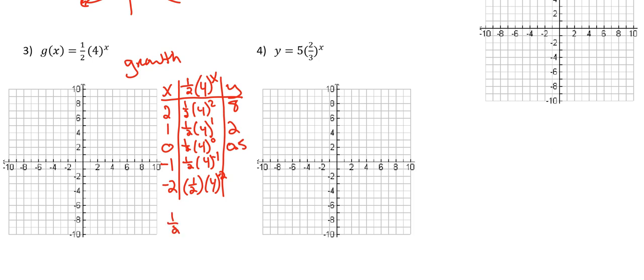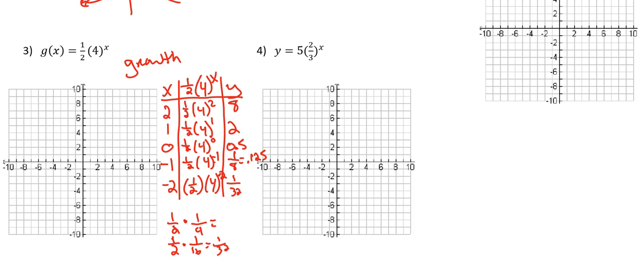It's going to be 1/2 times 1 over 4, because the negative exponent goes to the denominator. So that'll be 1/8. 1/8 is 0.125. And then the next one is going to be 1/2 times 1/16, which means this is going to be 1 over 32. No idea what that is as a decimal, but it's really small.